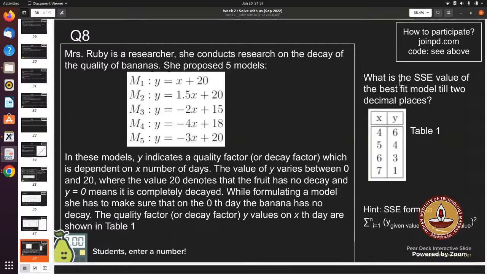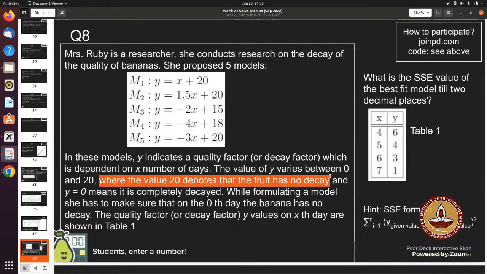Can you explain again how you chose M5? Okay. So this is a decay problem, right? She conducts research on decay of the quality. So should the slope be positive or negative? Negative. M1 and M2 have positive slope, so they cannot fit our experiment and are eliminated. Now for M3 and M4, it is mentioned that the value 20 denotes the fruit has no decay.